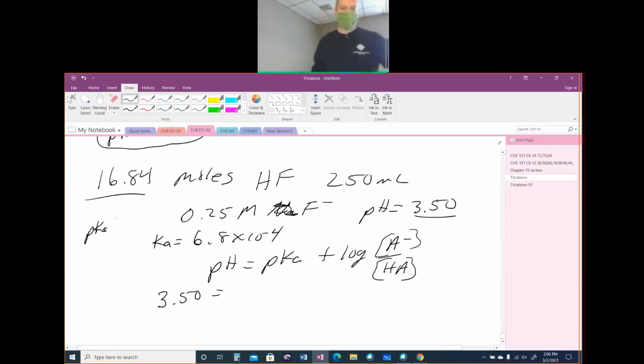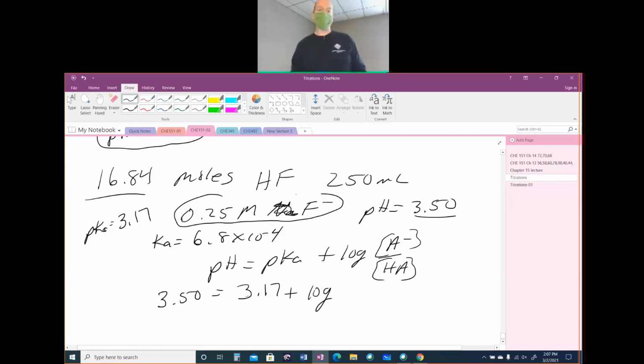So to find the pKa, we take the negative log of the 6.8 times 10 to the minus 4, and we get a 3.17. So that's equal to 3.17 plus the log of A minus. All right, well, it says that we have a concentration of A minus of 0.25 molar over HA, and in this case, that is our HF.